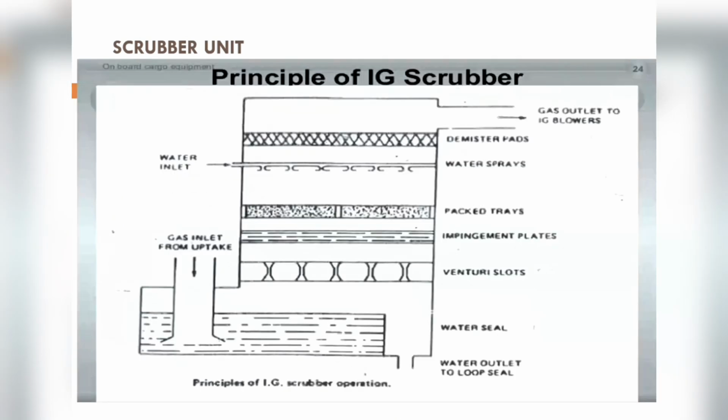This is a diagram of the scrubber tower. You will see here the boiler. From the boiler, the gases are entering the scrubber tower at the bottom. In the diagram you have just drawn also, it is showing that the gases are entering at the bottom of the scrubber tower, and this pipe is submerged in a pool of water inside the scrubber.